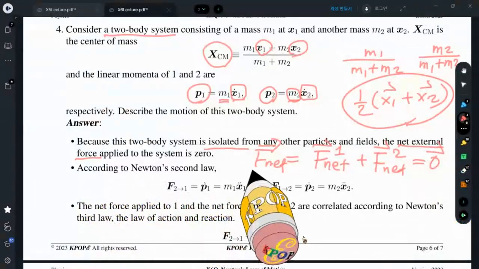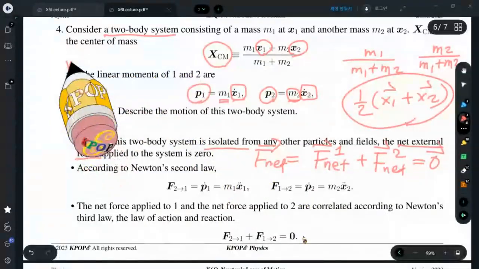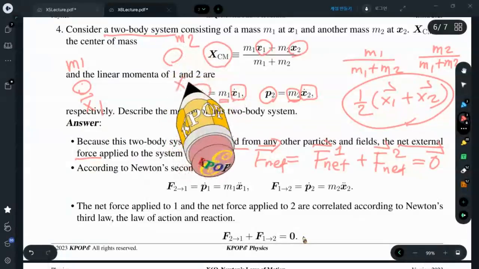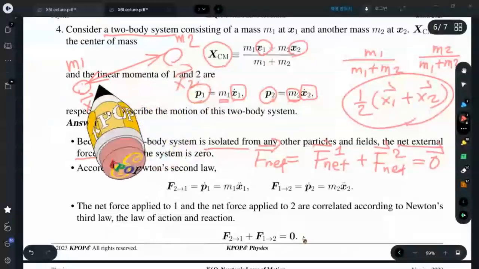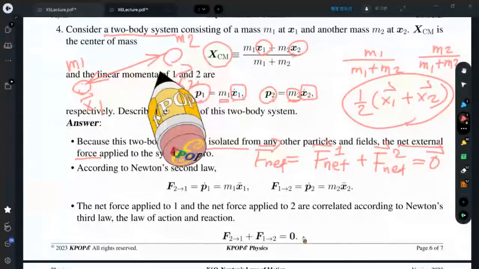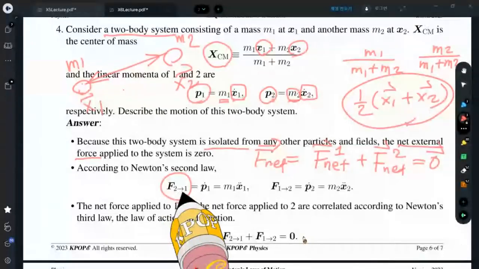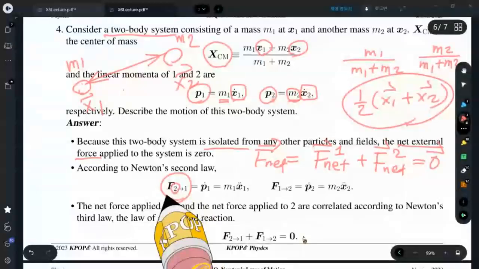According to Newton's second law, for each particle, this is m1 at x1, m2 at x2, they communicate with each other, and we say the force F21 is the force applied to particle 1 by 2.